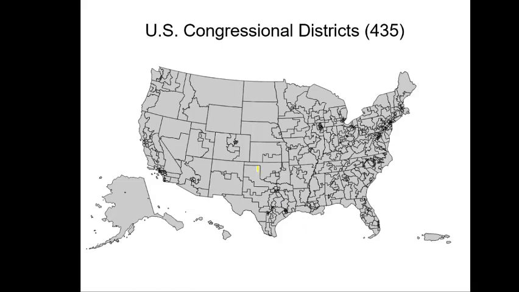For example, Texas, my home state, has 36 U.S. congressional districts. So therefore, 36 representatives, one elected from each one of these districts, goes to Washington to sit in the House of Representatives.